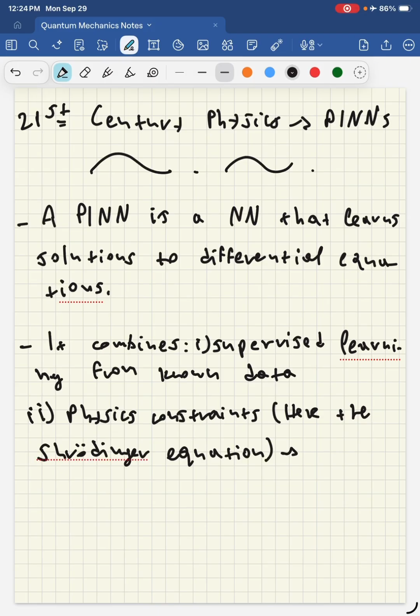And this part you can call self-supervised learning.